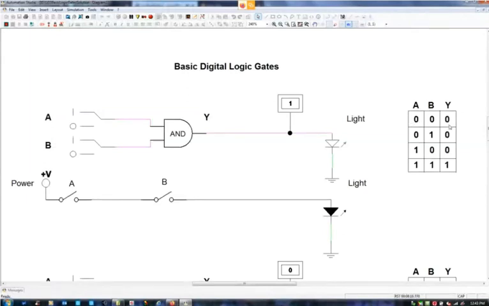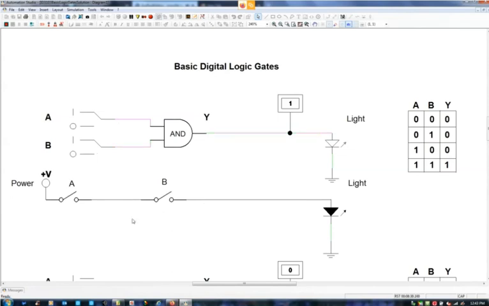We don't have an output. With B on, we can simulate that by turning A off. B is on, which is a count of 1. We don't have a Y out. We can change that over to just A on, and we still don't have an out. But if we put A and B on, we do.